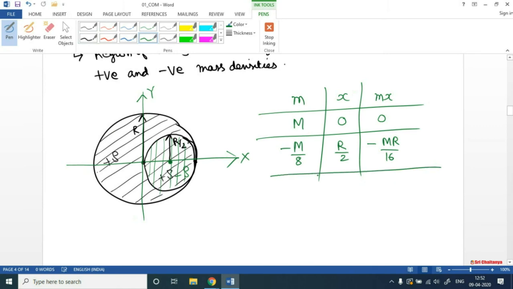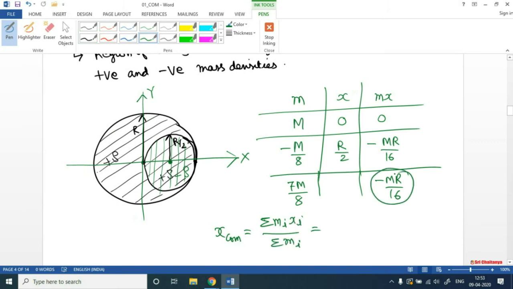So now we need to get the sum of this column. The sum of this column would be 7M by 8, and the sum of this column over here would be minus MR by 16. So the x coordinate of center of mass will simply be, since the formula is summation of mixi divided by summation of mi, this quantity upon this quantity.